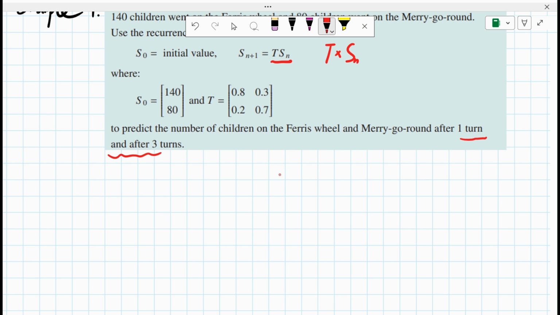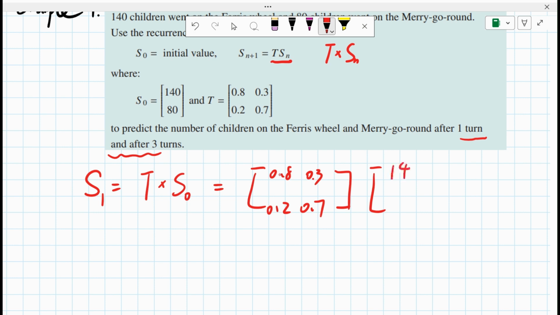So we start with S1 equals T times S0. That equals 0.8, 0.3, 0.2, 0.7 multiplied by 140 and 80.